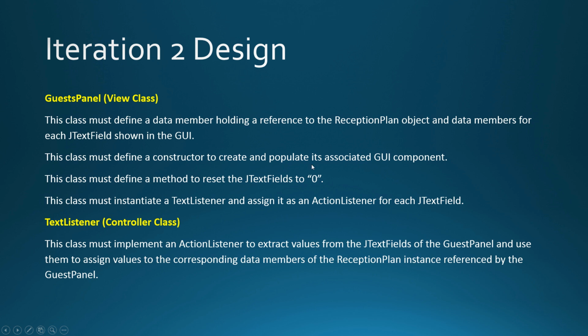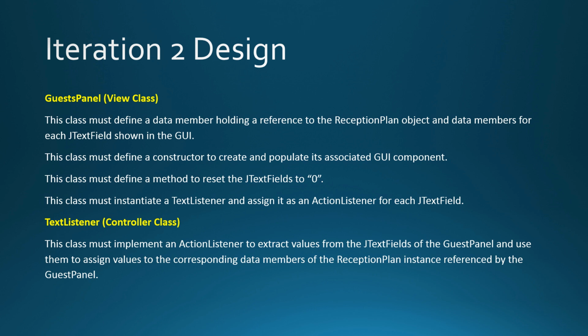The constructor is going to create and populate the GUI component. So all the real work is going to be done in the constructor. And we're going to create a method to reset the text fields to 0, and we'll name that reset.